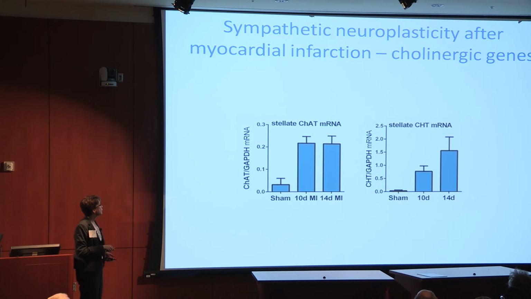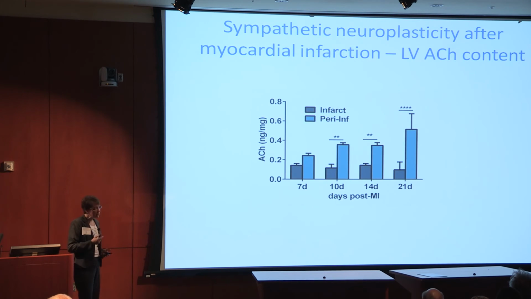And more recently, we've gone to later time points. Here again, just showing choline acetyltransferase and the transporter, these are significantly elevated in the stellate, and we've been measuring acetylcholine content in the heart after ischemia reperfusion. In the infarct itself it's very stable.